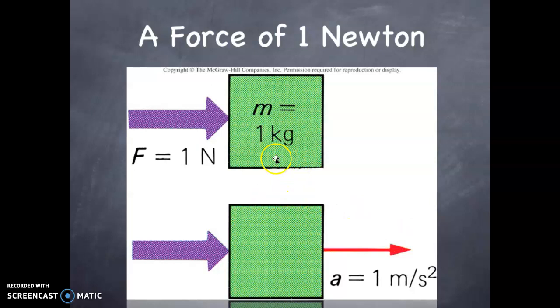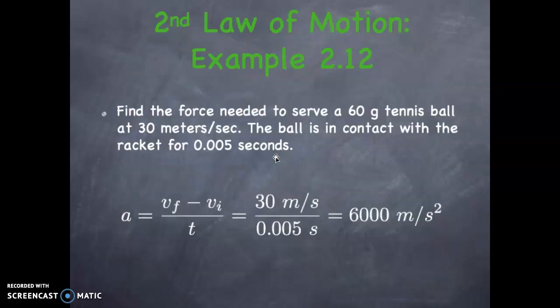Here is another illustration of what we just said about the relationship between acceleration and force. Now back to the first part of this chapter where we use this mathematical equation to find the acceleration.